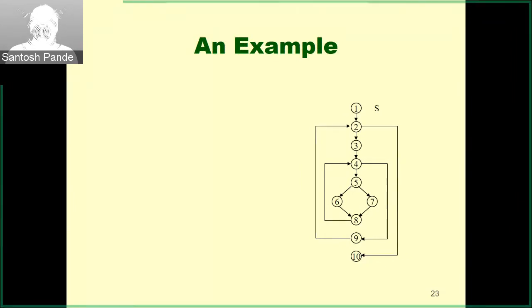Any time you want to go to any node within the loop, you have to necessarily go through this entrance of the loop to reach it. For example, if you want to go to 4 from 1, you definitely have to go via 2, which is the entrance of the loop, because otherwise there is no way to reach 4. So using this property, we will find out which is the entrance of the loop.